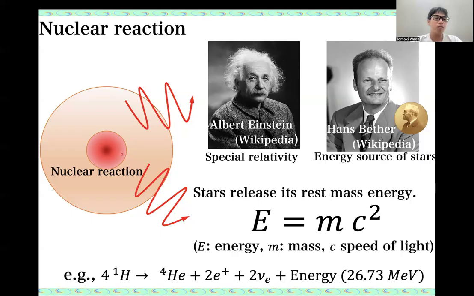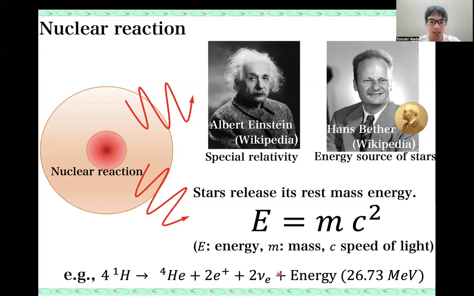At the center of stars, nuclear reaction occurs. And here is an example of nuclear reactions. 4 hydrogen nuclei make 1 helium-4 nuclei, and 2 positrons and 2 neutrinos. And the rest mass of these objects is smaller than the sum of the 4 hydrogen nuclei.